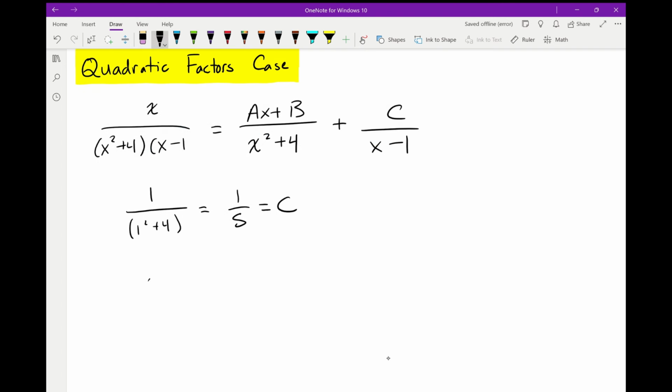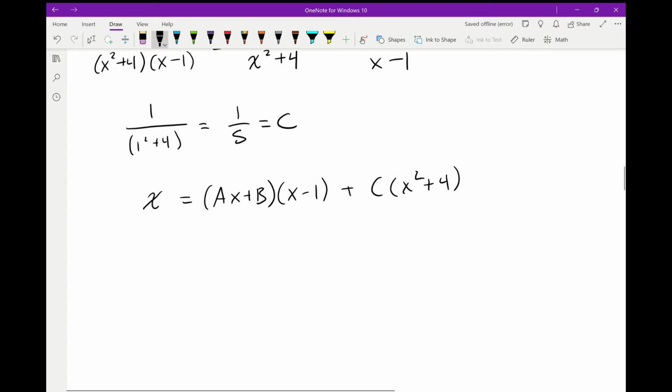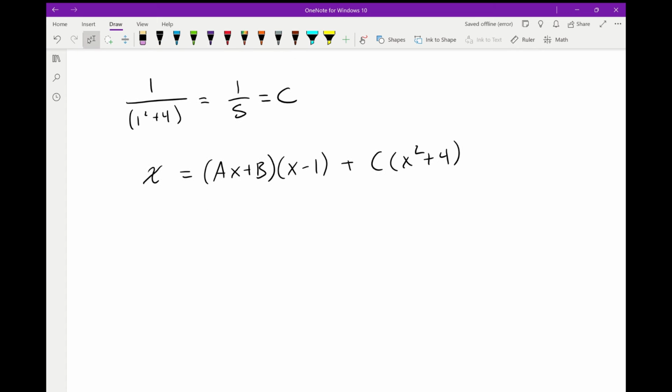So we get that x is going to equal (ax plus b) times (x minus 1) plus c times (x squared plus 4). Well, harkening back to what we just did a moment ago, we already know what c is, so we can go and solve for that. (Ax plus b) times (x minus 1) plus 1/5 times (x squared plus 4).